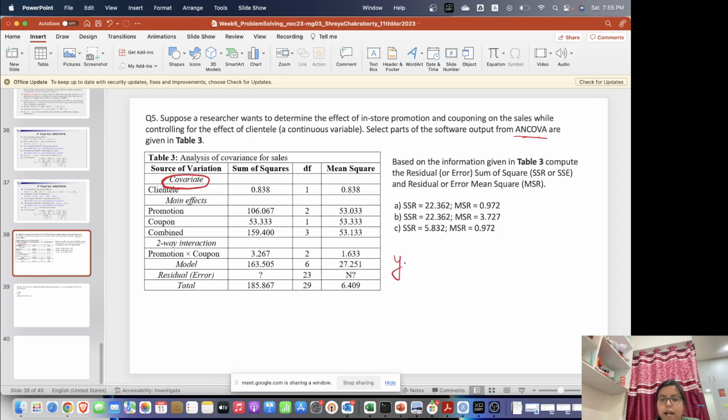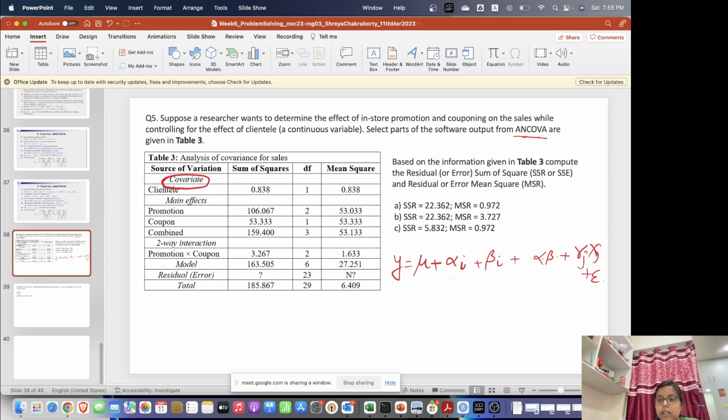If y is my dependent variable, there's some baseline term, then we have the main effects due to one variable, plus main effects for the other variable, and some interaction terms maybe, and then we would have something like gamma j into xj plus epsilon. This is a very crude format I'm writing.